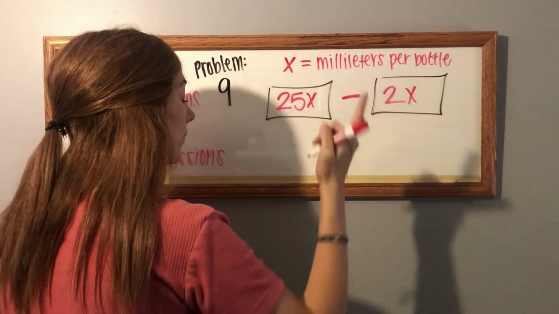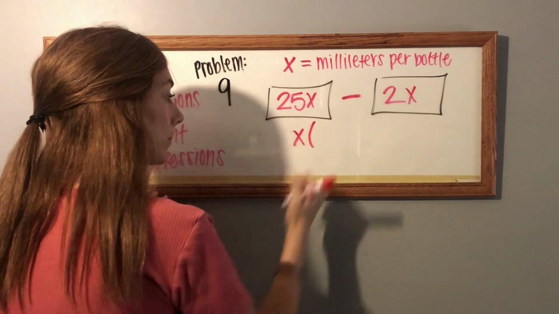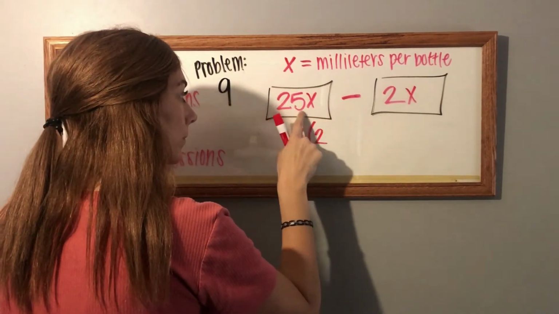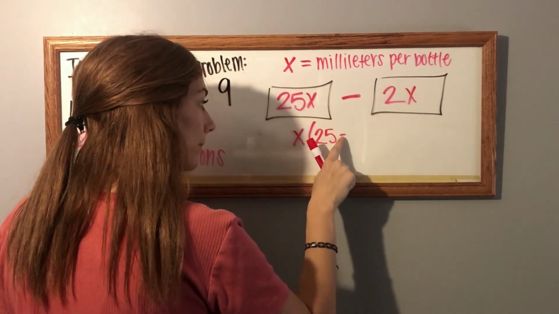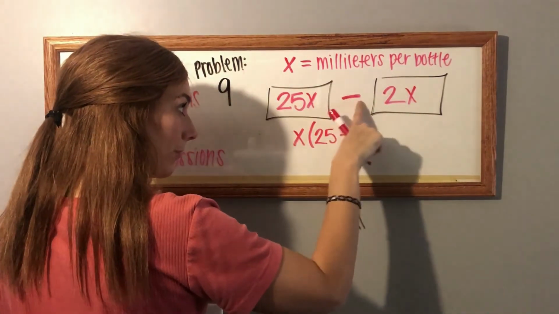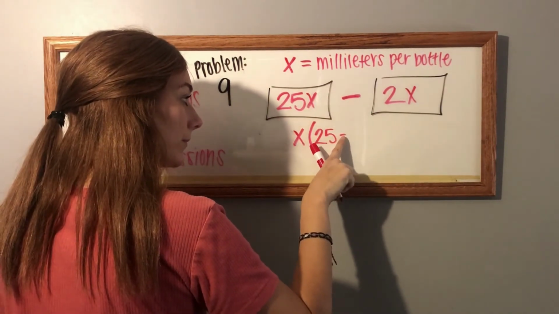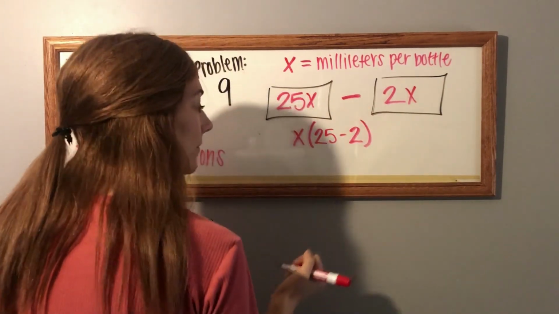I'm going to pull out my common factor, which is x, and I'm going to put a parenthesis. I'm going to write down my two coefficients, 25. And then this one is a little bit different because if you notice in the middle, I have a subtraction sign. So this isn't going to be 25 plus, it's going to be 25 minus 2.